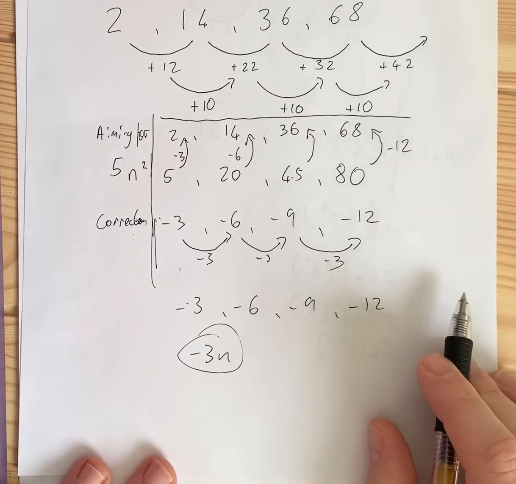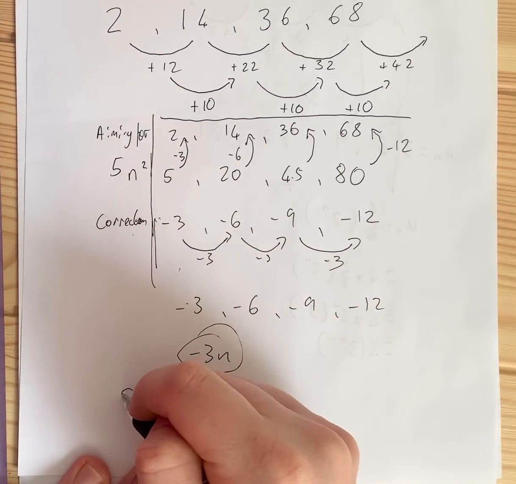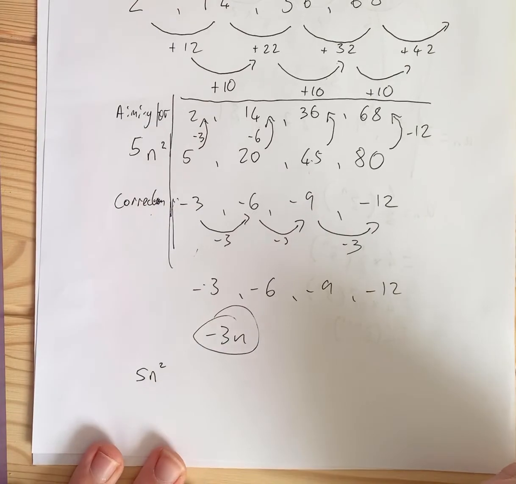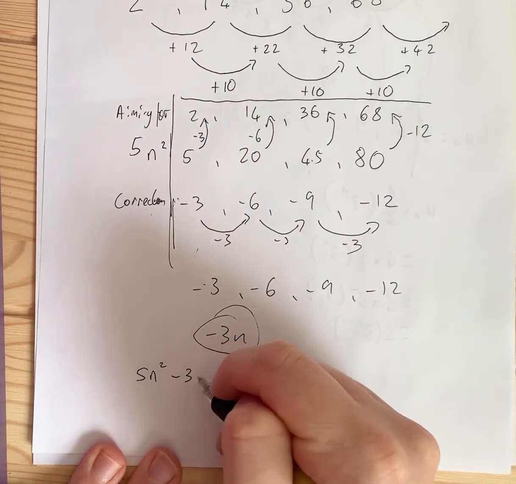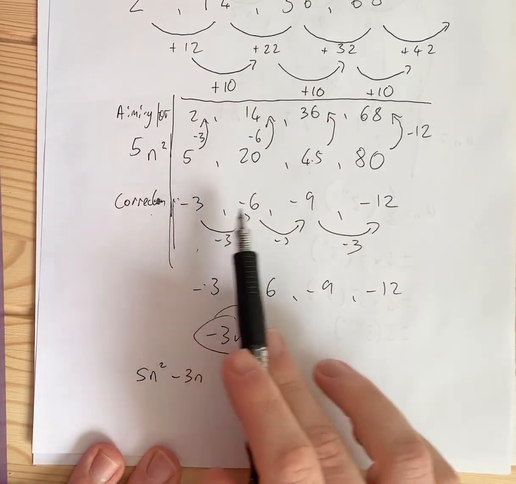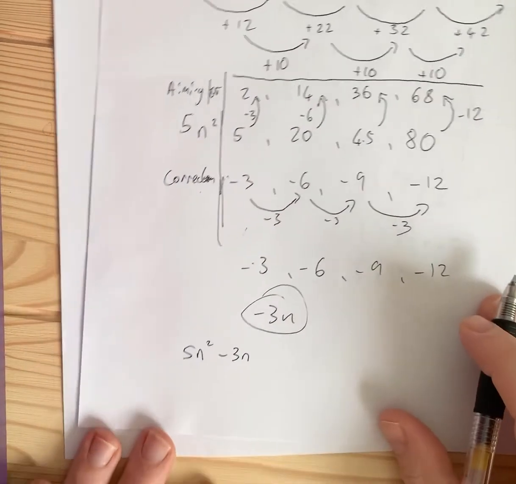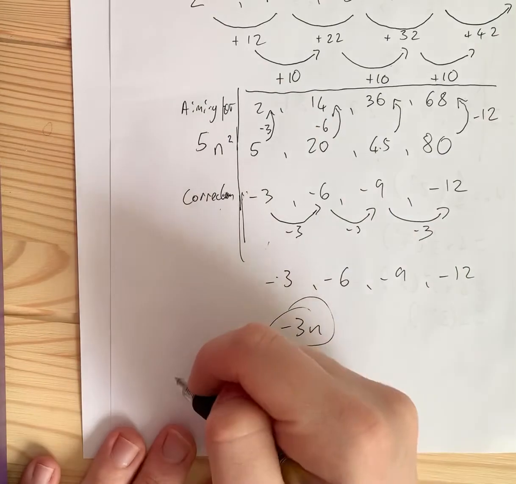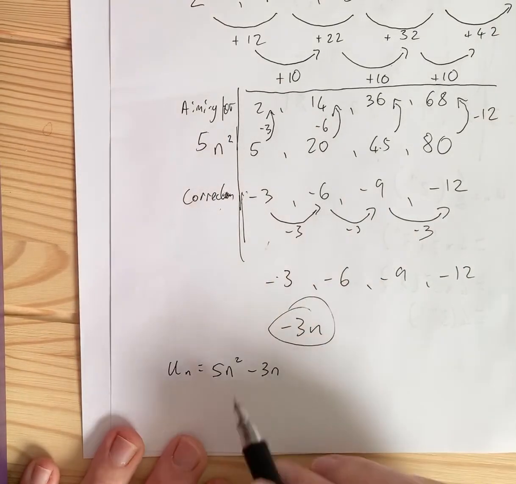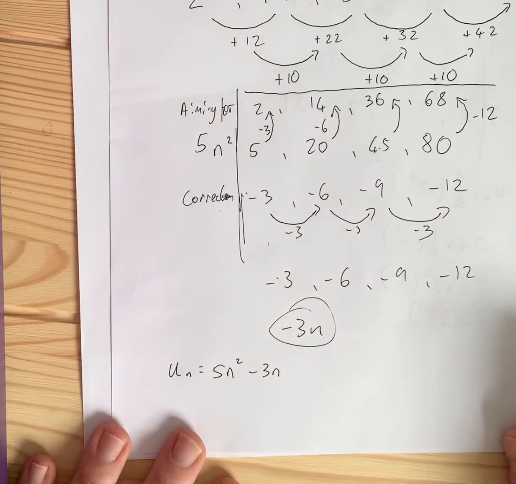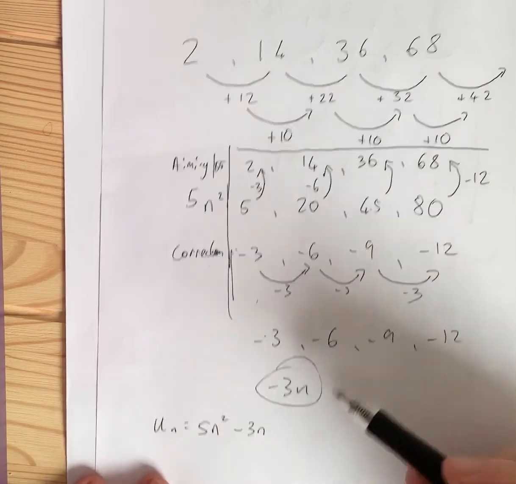To put it all together, if we have 5n squared, but then subtract 3n, because that's what we're doing in each case, that will take us to our answer. So the nth term for that quadratic sequence is 5n squared minus 3n. Let's go back to the question.